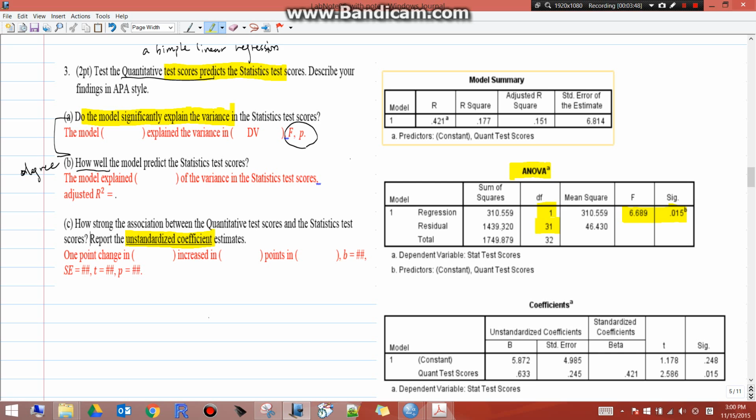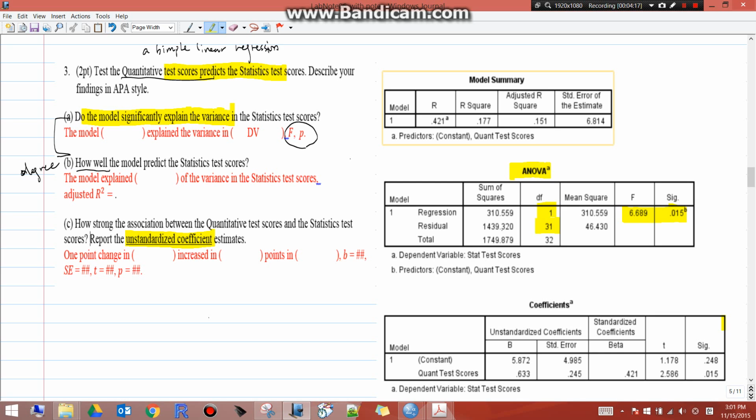I know you all know about this, so I'm not going to explain that more. This is less than 0.05, so the model significantly explains the variance in what? Our dependent variable. And then you report the F and p values for those tests.